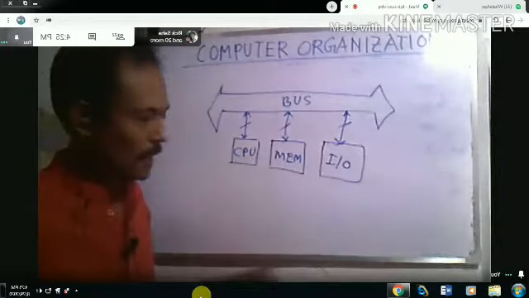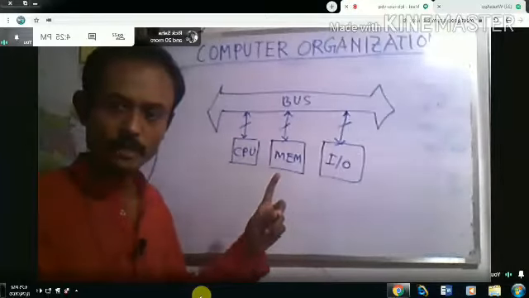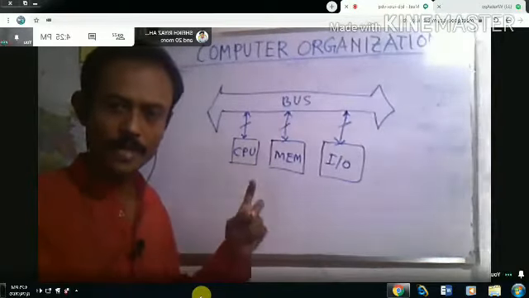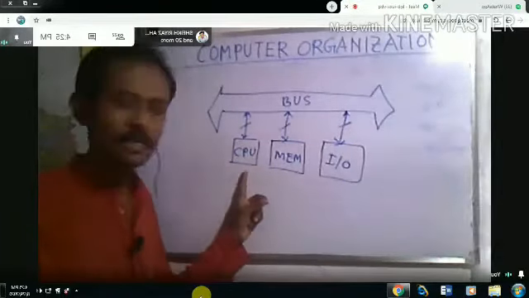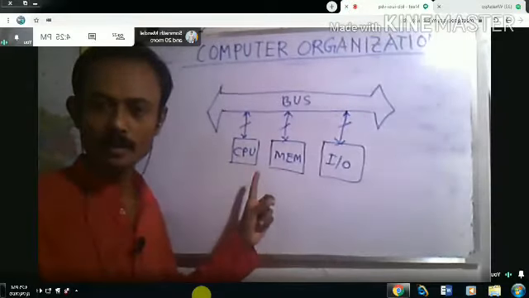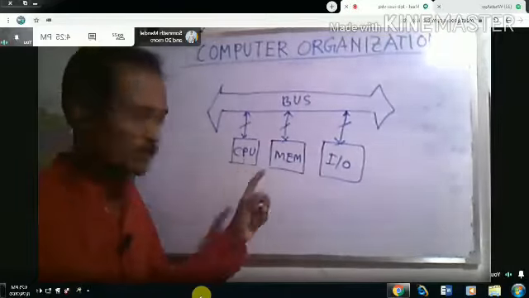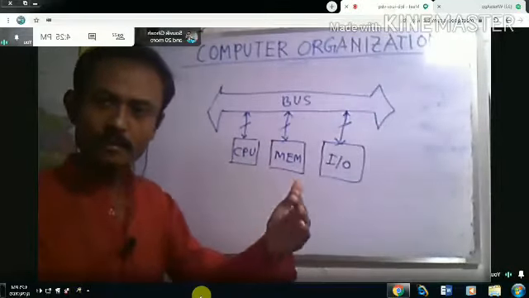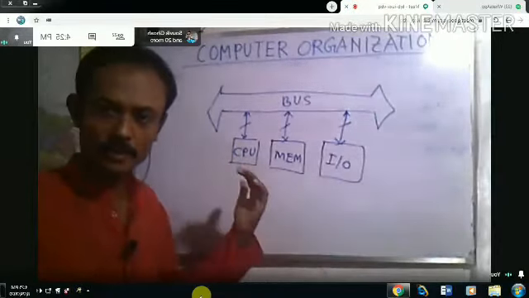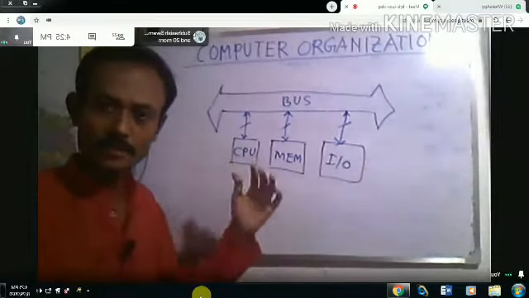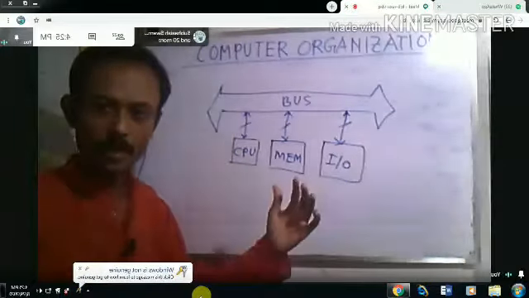Now we will start understanding this subject from the CPU part. Today we will try to enter into the CPU, and it will not end within a single lecture. It will take many lectures to complete the whole CPU portion.